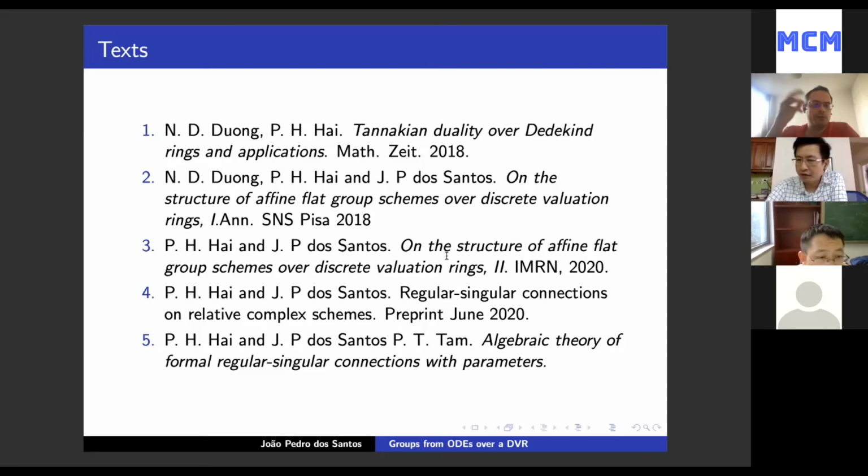The other way around is, for example, this beautiful theorem about the solvable case. If the Galois group is solvable or unipotent, then you can solve it by exponentiation and integration. But for semi-simple, you get a little stuck.